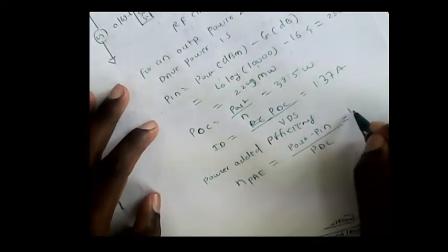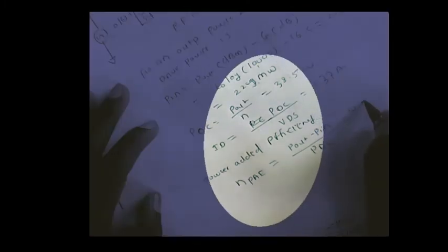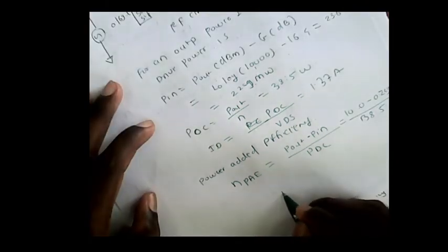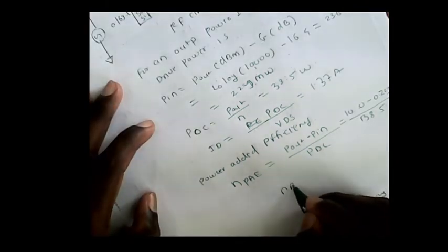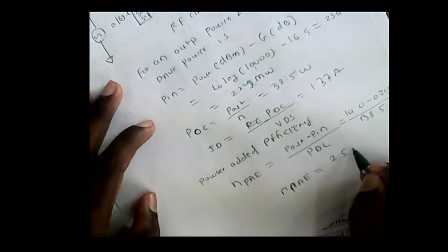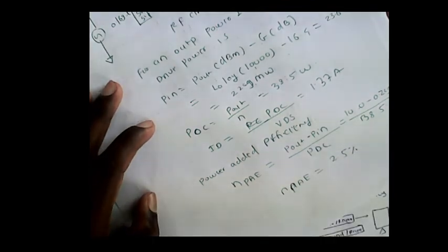Power out is 10 watt, minus input power 0.0229, divided by DC power 38.5. So the power added efficiency comes out to 25%.